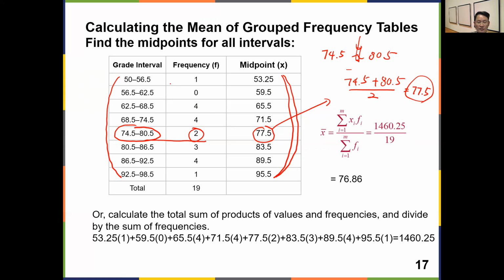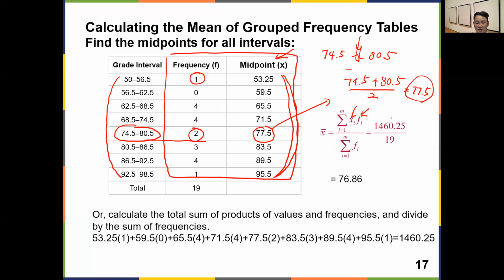Now, once you have this midpoint and the frequency, right, these two columns right here, this X refers to the midpoint. This F refers to the frequency.